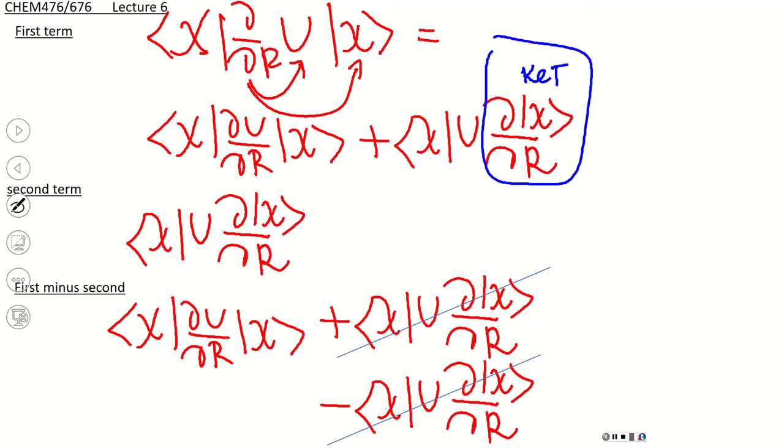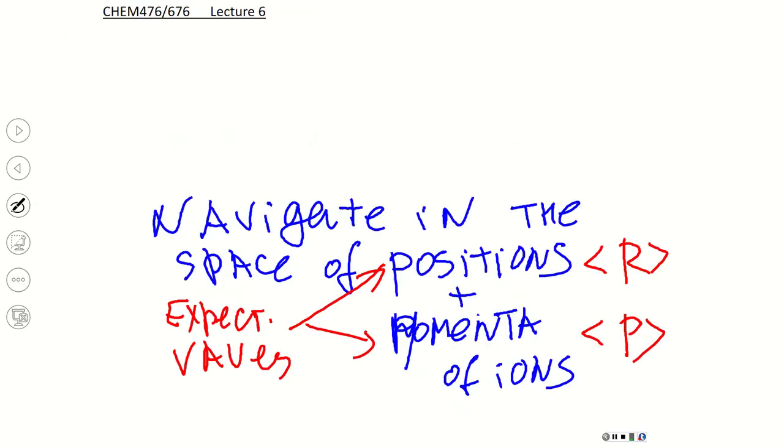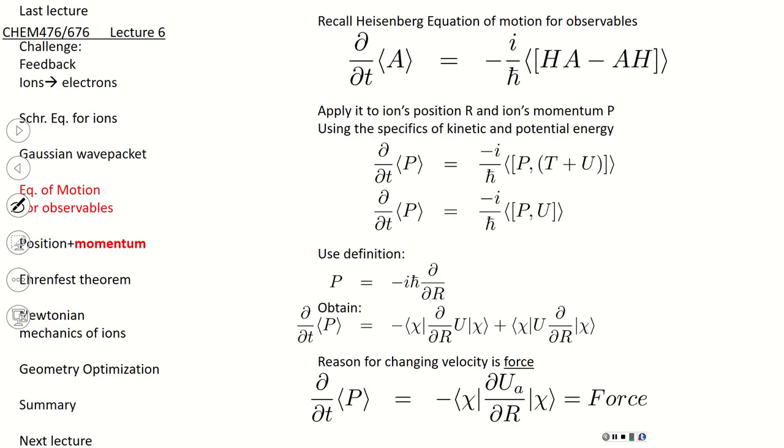So we are getting only this term, and if you carefully plug in all constants, then the Planck constant will cancel, the imaginary unit will cancel, and the time derivative of the expectation value of momentum will be equal to the expectation value of the force.